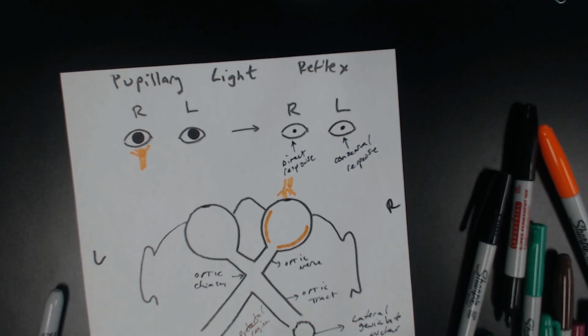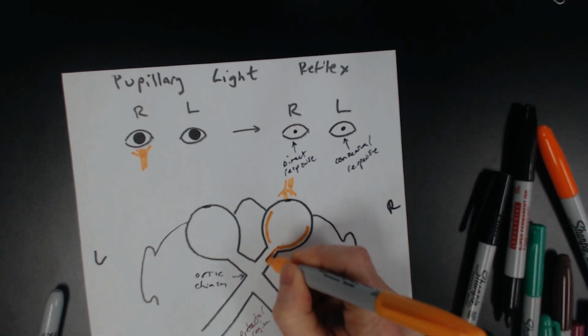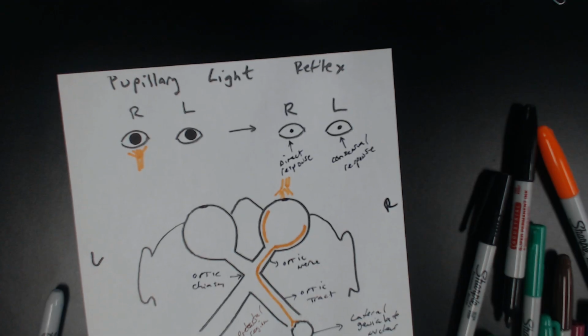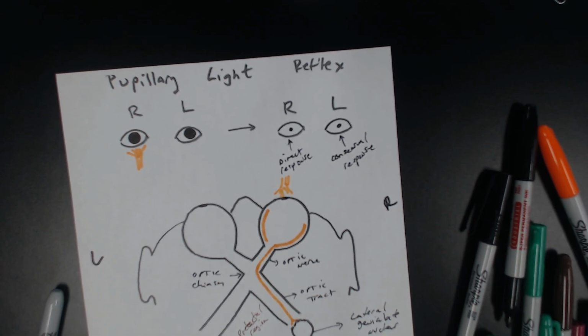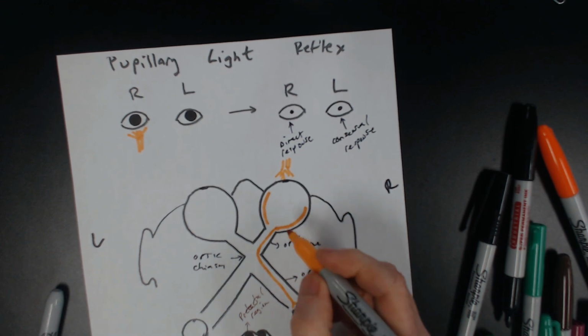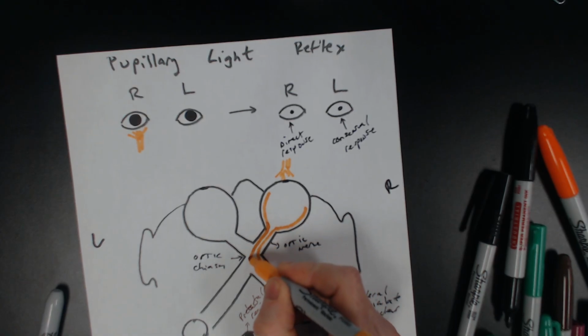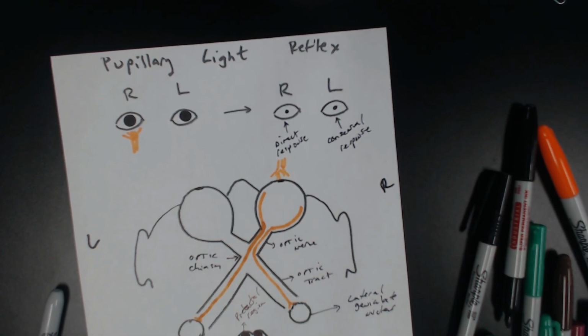And what we've seen is that the temporal retina for the right eye just comes right on down, stays ipsilateral, and synapses with the lateral geniculate nucleus on the ipsilateral side. And the nasal retina travels down the optic nerve, goes contralateral through the optic chiasm, and travels down through the optic tract to synapse with the lateral geniculate nucleus on the left side.